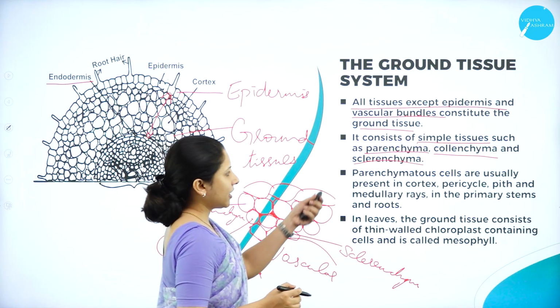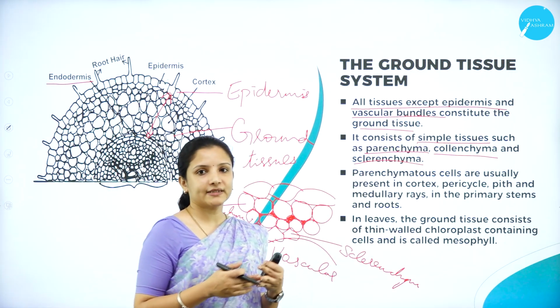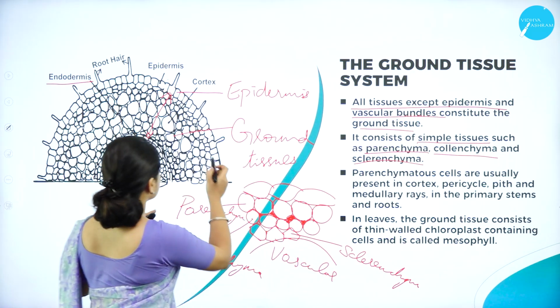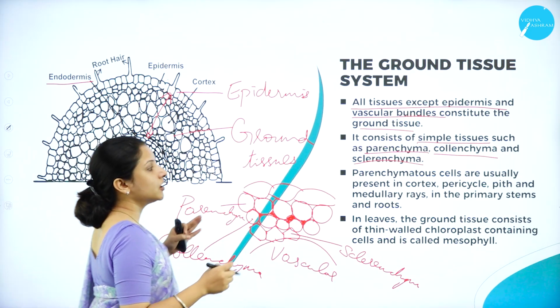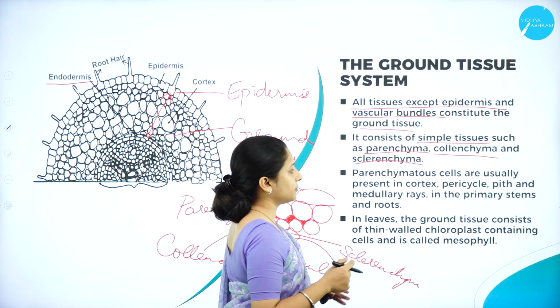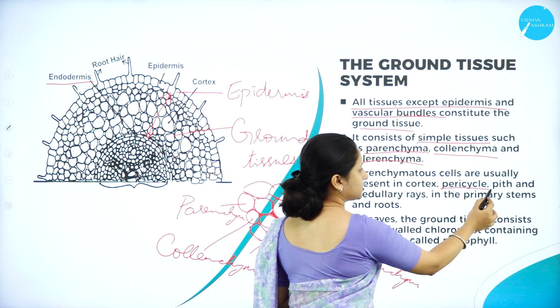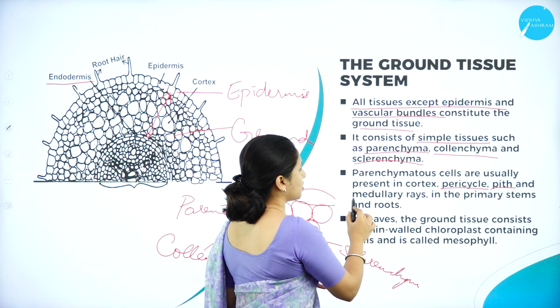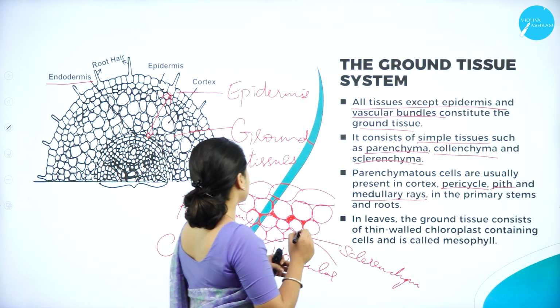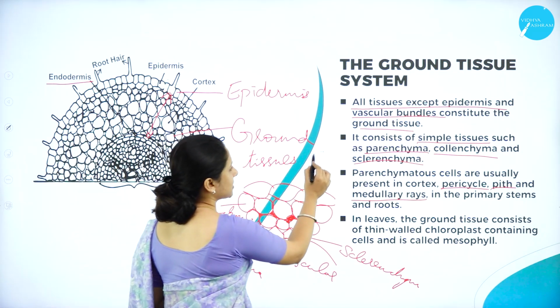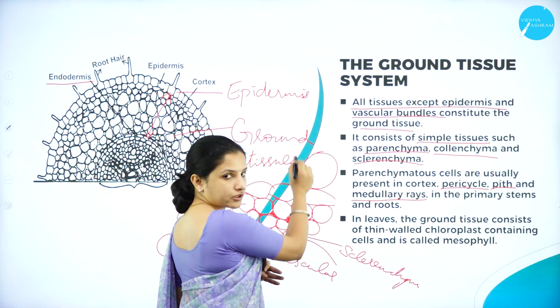And parenchyma cells are usually present in the cortex region. So this particular region is called the cortex region. So in the cortex region it is usually present, and it is also present in the pericycle, in the pith, and in the medullary rays. So what are these? Say for example, I have a plant cell wherein this is the vascular bundle.